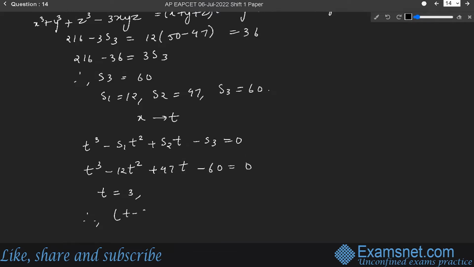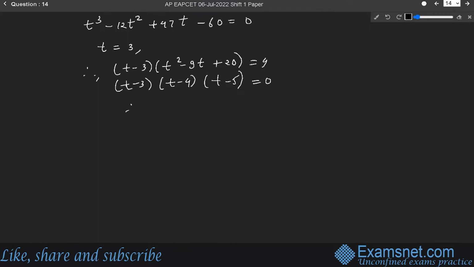So it becomes (T minus 3) into (T square minus 9T plus 20) is equal to 0, or it can be (T minus 3) into (T minus 4) into (T minus 5) is equal to 0. Therefore, we can say that T will be equal to 3, 4 and 5.